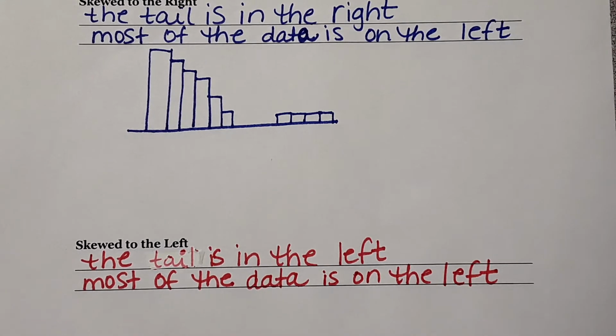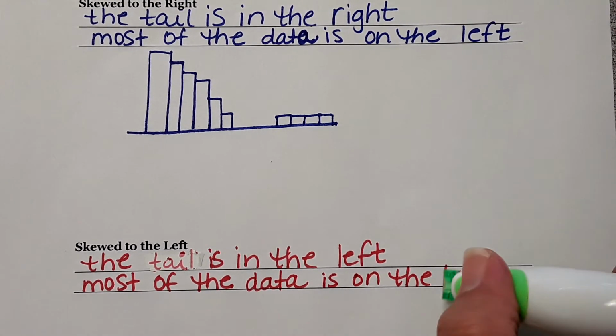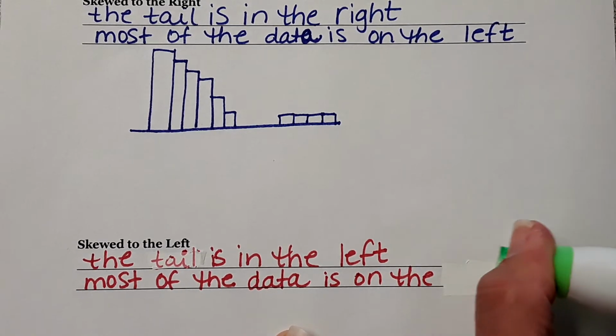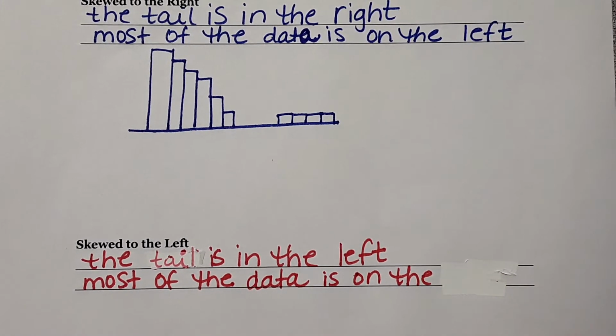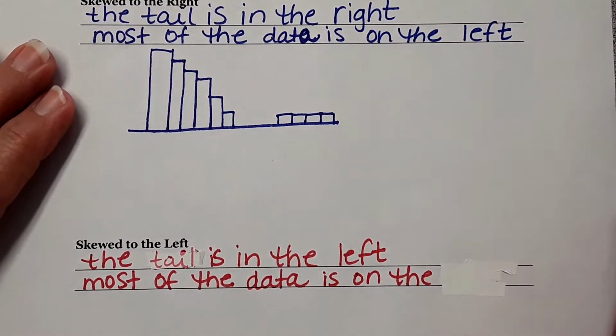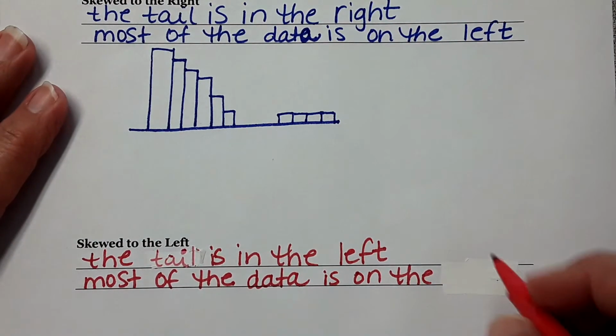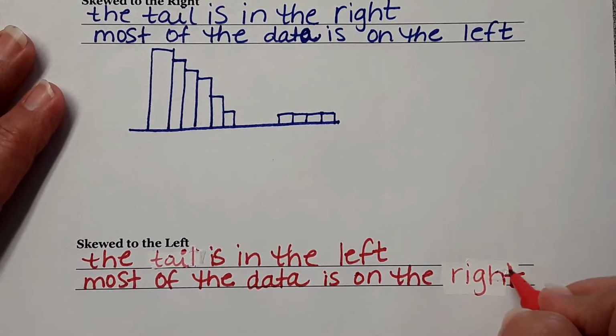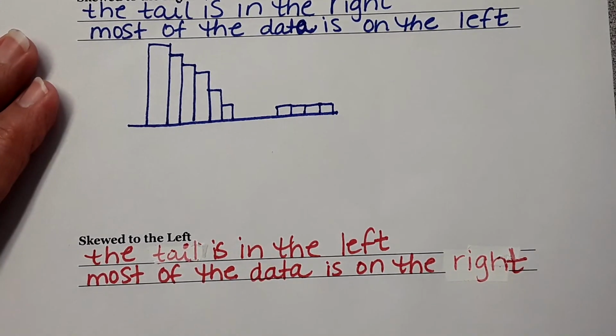Crap! You guys are going to need a whiteout, some type of whiteout at home. Okay, there we go. At least yours is going to be neat. On the right, okay.